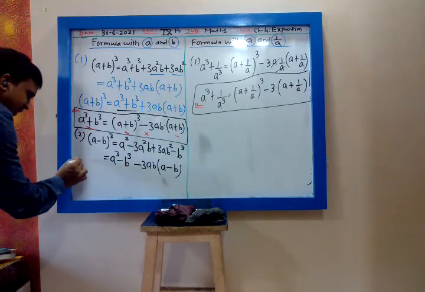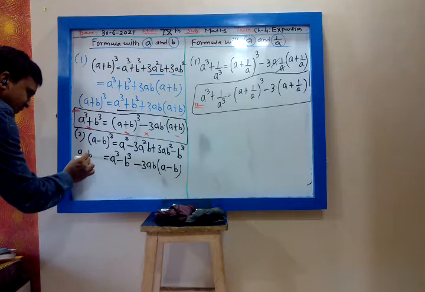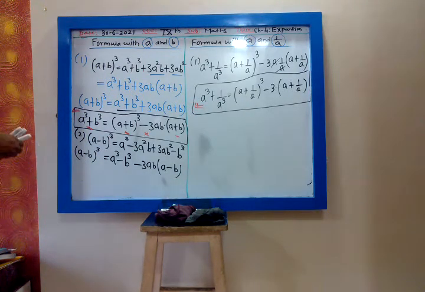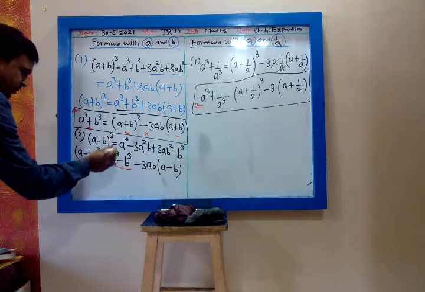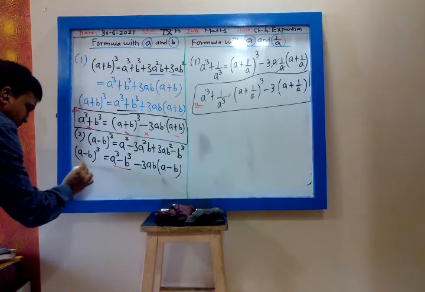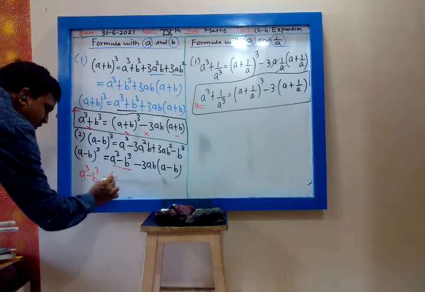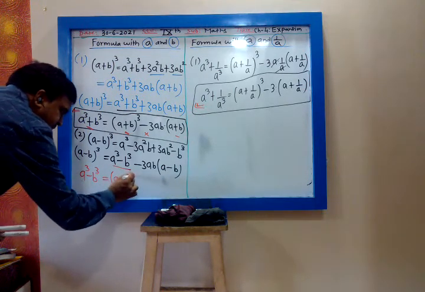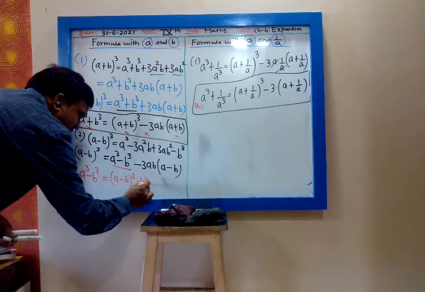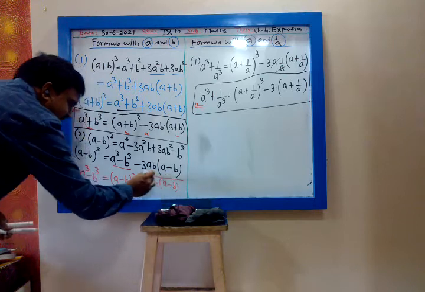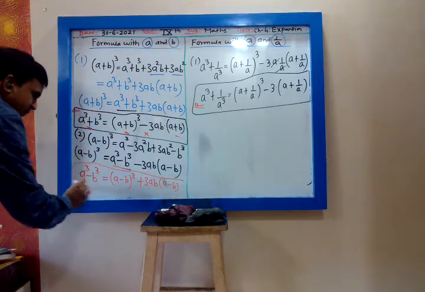So finally (a − b) whole cube is this. From this I can eliminate a³ − b³. a³ − b³ will be (a − b) whole cube plus 3ab into bracket (a − b), and this is the formula for a³ − b³.